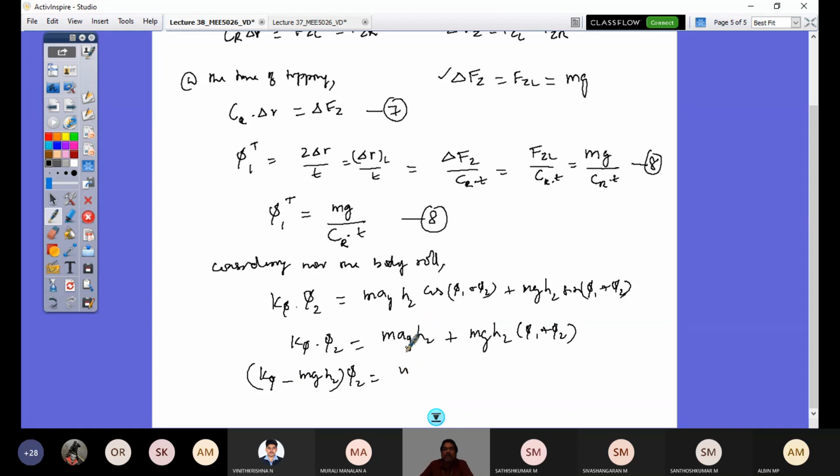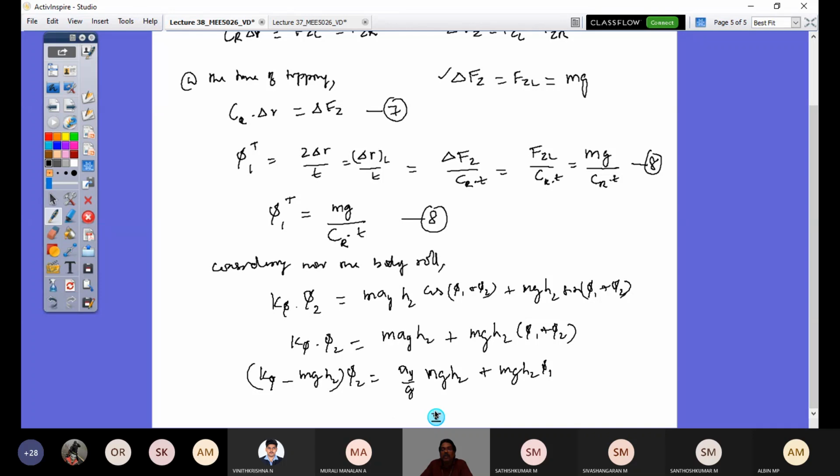I wanted to write this in terms of ay by g, so I divide by g and multiply by g, and this becomes mg h2 ay by g, plus mg h2 into phi1 alone. The term mg h2 phi2 is taken on this side.